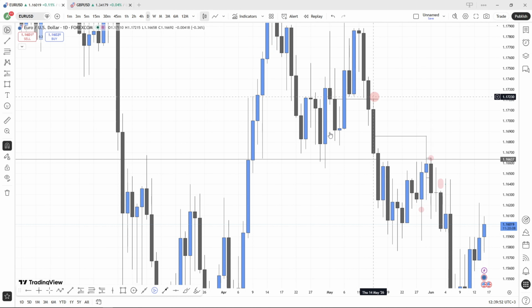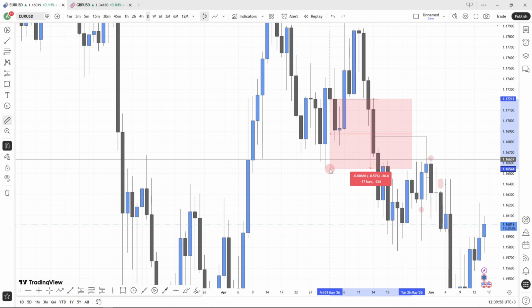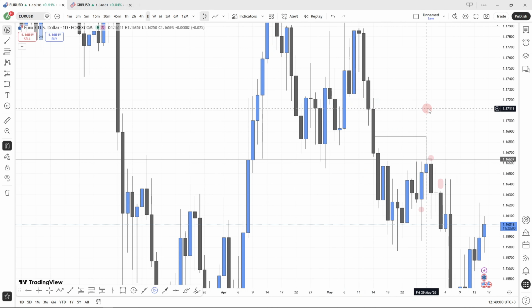Remember, I told you once that has been retested, it always takes out these lows. So this could be your first target, and you could have secured about 66 pips. It's not quite a lot, but for a currency pair, that is quite good when you have a higher risk, if you could have had maybe quite a tight stop loss.